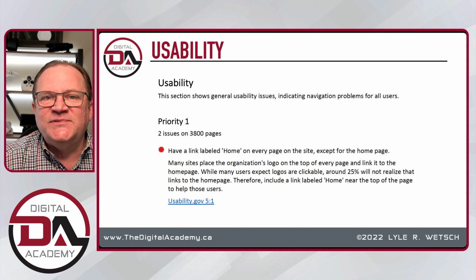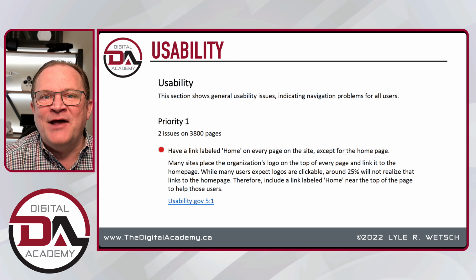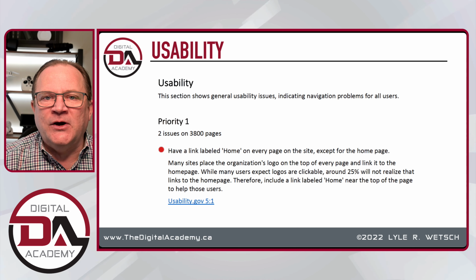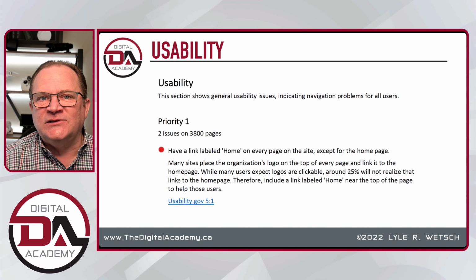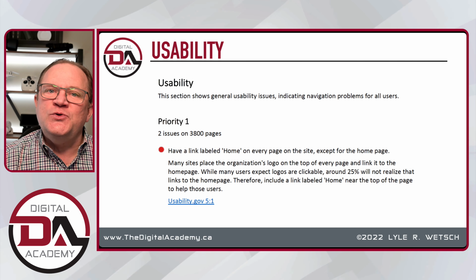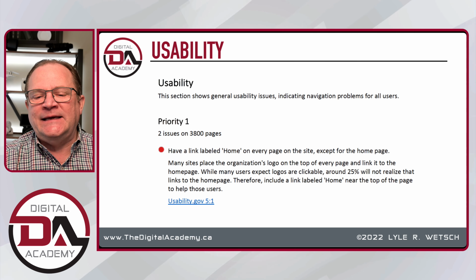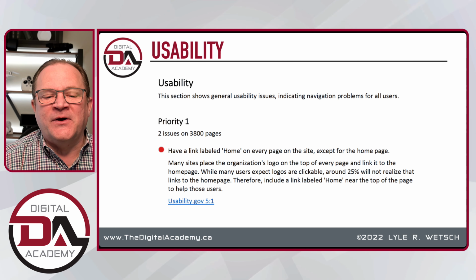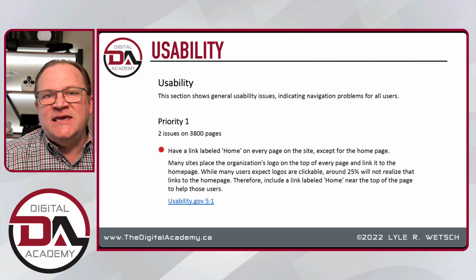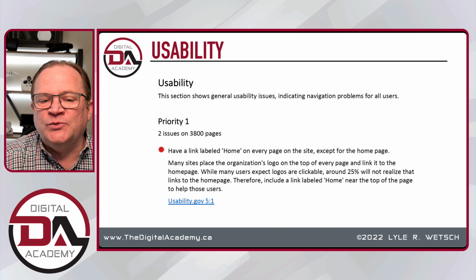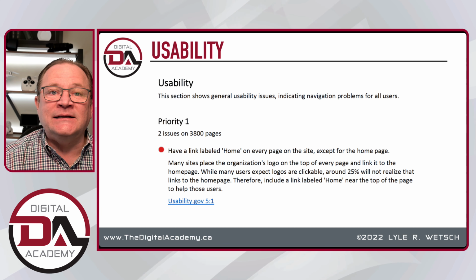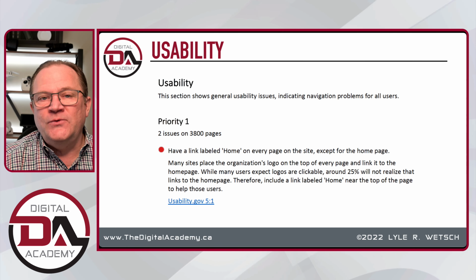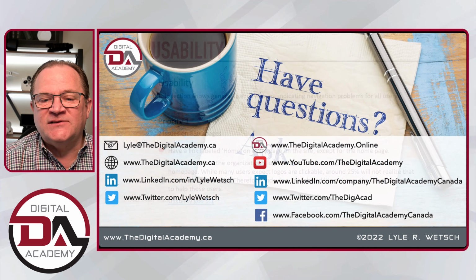Now, a lot of websites will have a logo that links back to the home page, but not everybody is going to wonder if they click on the logo where it'll take them. So you need to have an actual link near the top of the page that says home, and that's where it gives you the explanation, gives you the details from the actual W3 standards, and a link to that to explain why this is important so you can know why you need to fix it.